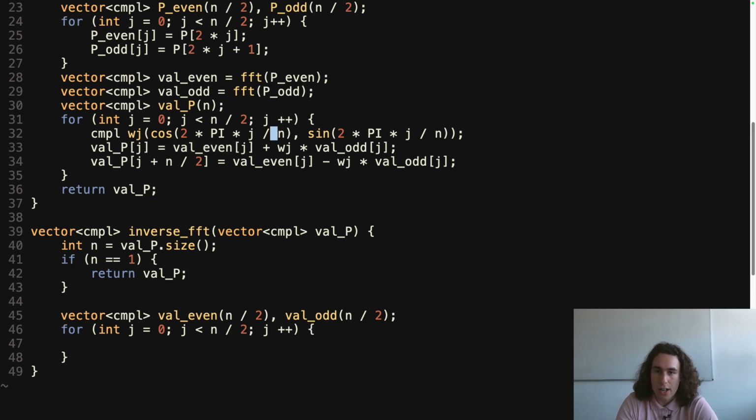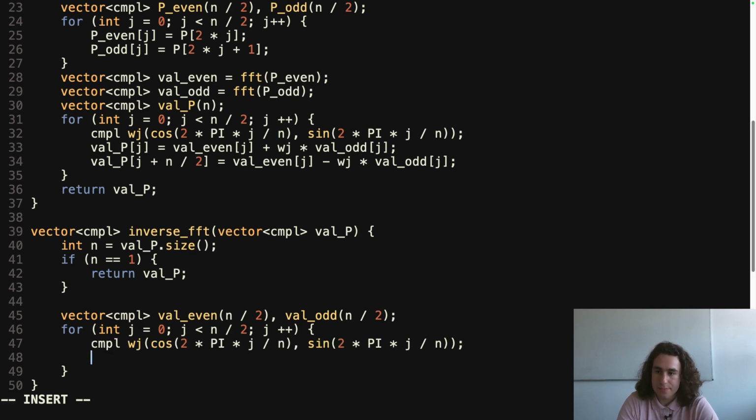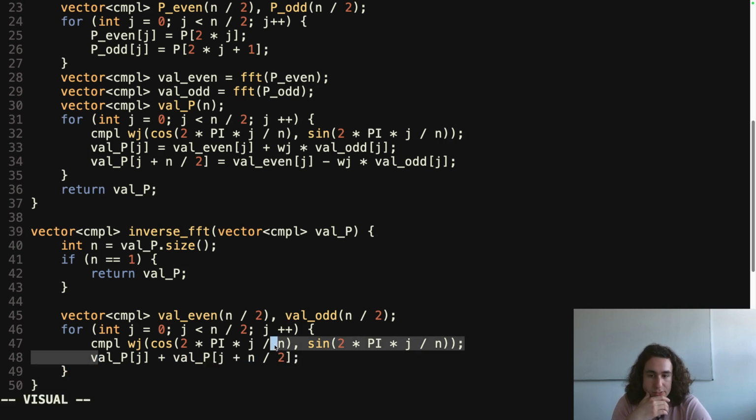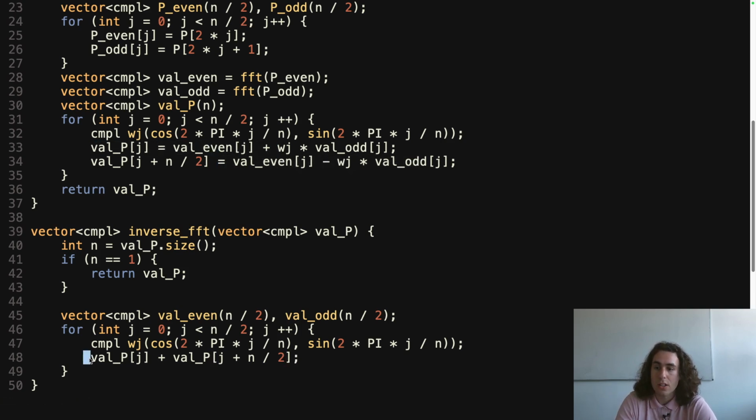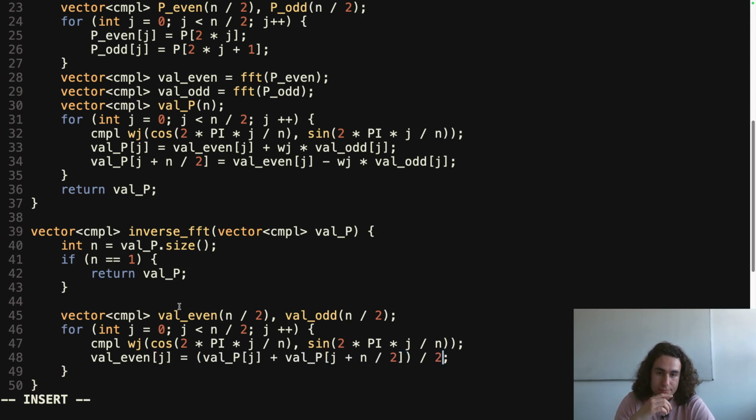So let's take our root of unity again, and let's say val p_j plus val p_(j + n/2). What is this value? I know that this value is the sum of these, so it's going to be val even times 2. So val even j is just a half of this thing.